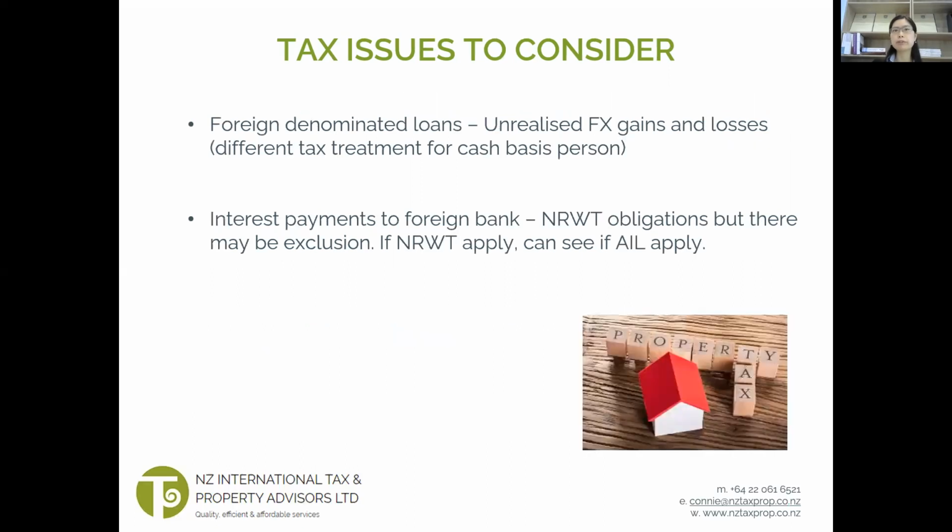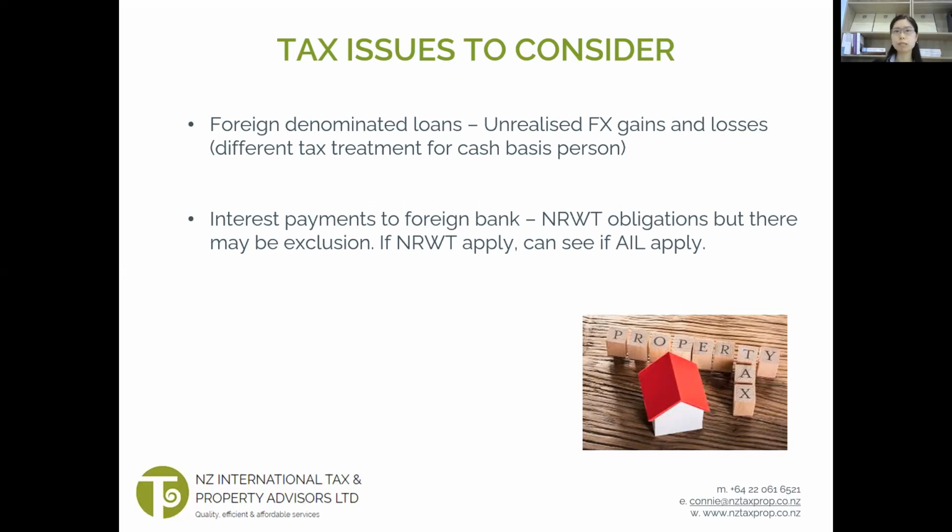Next point here is that if the taxpayer borrowed funds to acquire the overseas property, then the loan is likely to be subject to financial arrangement rules. If the taxpayer is a cash basis person, and certain criteria need to be met in order to be a cash basis person, then any unrealized foreign exchange gains and losses do not need to be brought to tax.